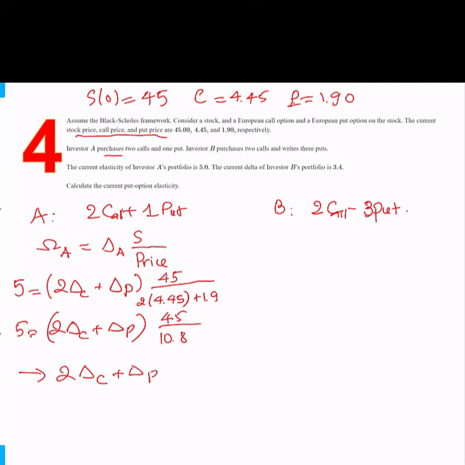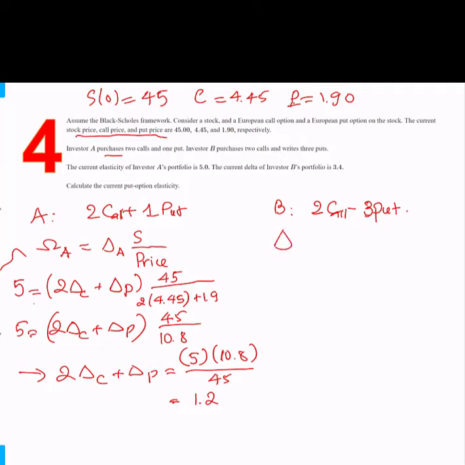And from here we have an equation: 2 delta C plus delta P is equal to 5 times 10.8 over 45, which is 1.2. It should be 1.2.